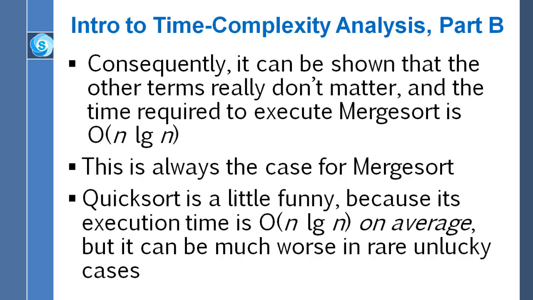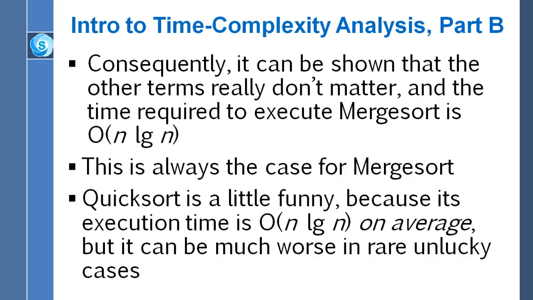My implementation of quicksort is usually, and I would say almost always, at least a little bit faster than merge sort. Most of the time, quicksort executes in an amount of time that is also big O n log n.